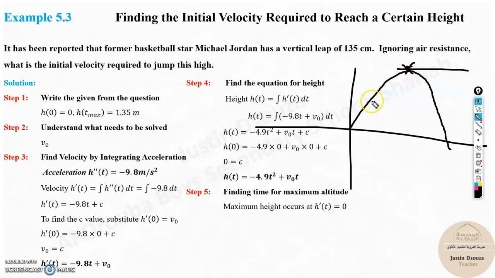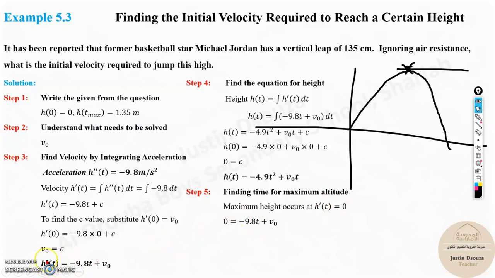I told you in the last problem, it does not change, it's always standard. Now over here, we can see that at h naught equal to 0, whatever happens is the maximum height. This height is maximum. So we have the velocity equation over here, right?